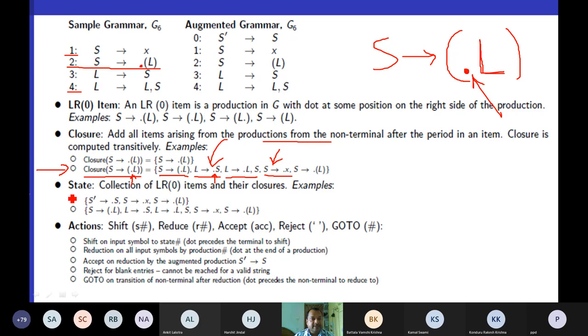Now, to define a state, it is a collection of LR0 items and their closures. So from here, you can understand that this will be part of one state and this whole set of items will be part of another state.